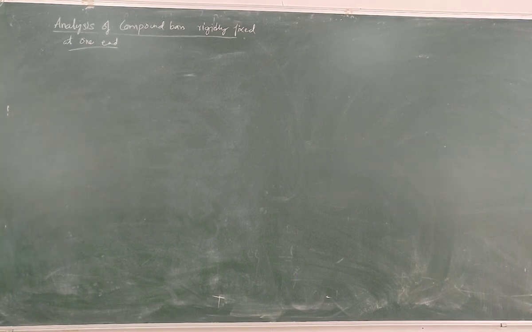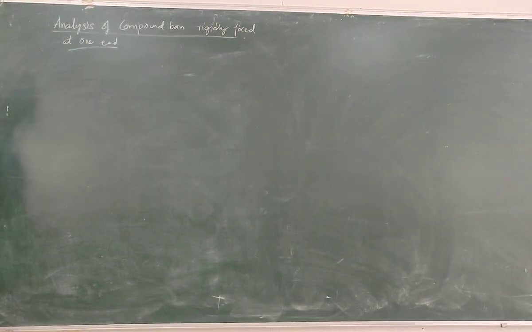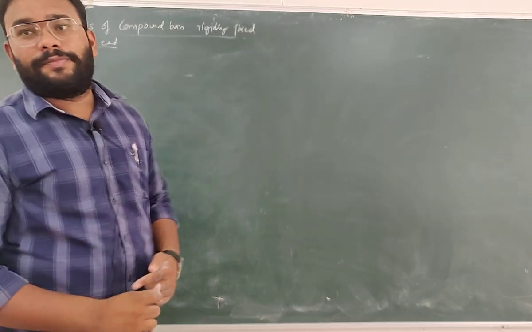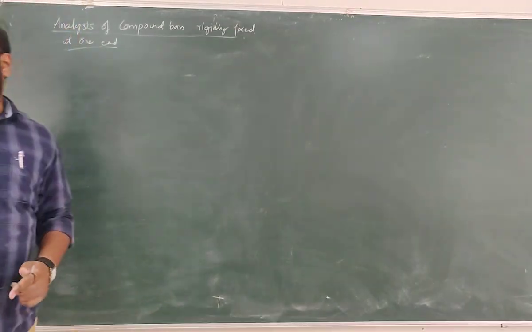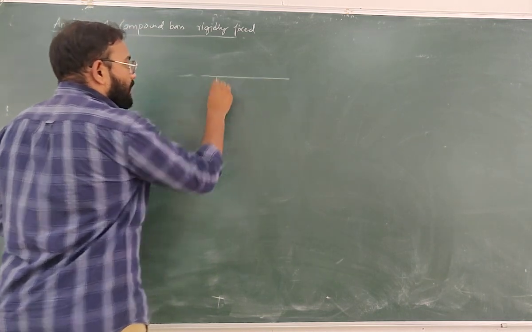Next part is analysis of compound bars rigidly fixed at one end. What do you mean by compound bar? A compound bar is a bar made of different materials. Okay, you have a bar like this.